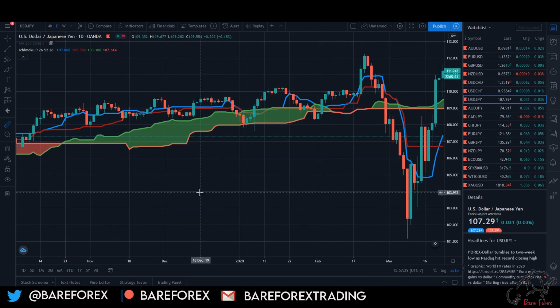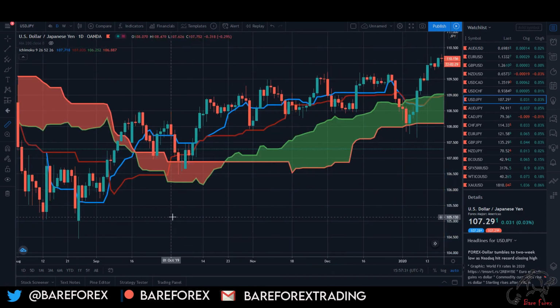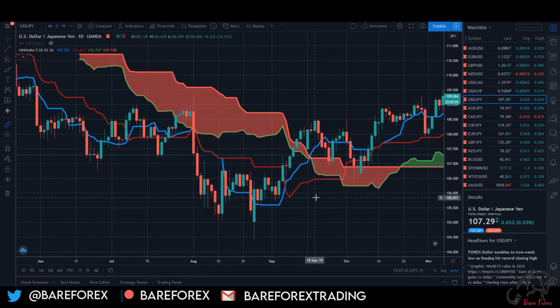The other way I like to trade, oh, here's a good grouping. So I will trade within the cloud, but only within it. So, for example, it would have ended up in a loss, but price closes inside the cloud, right here.